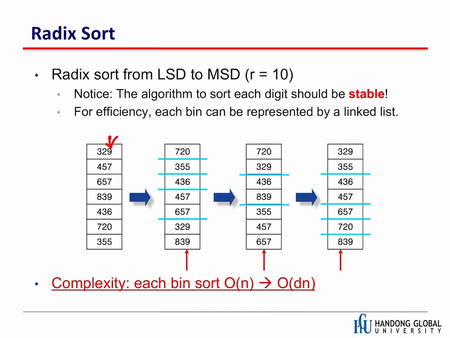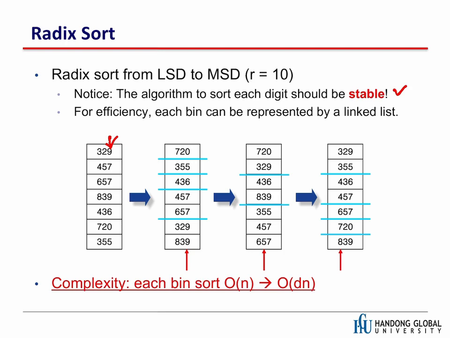Okay, we focus on the last digit and then we sort, and then we sort the keys based on the second digit and then the first digit. Okay, and there is one important thing to notice here. The algorithm to sort each digit should be stable. Okay, so I will tell you why it is necessary.